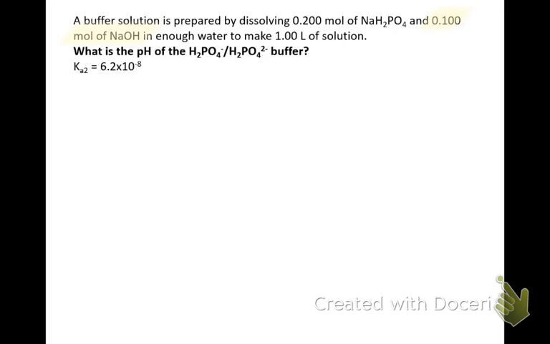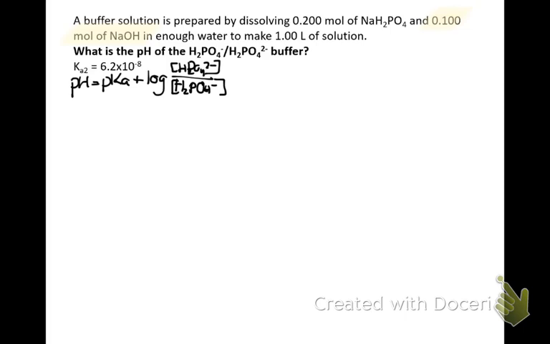Once again we're looking for the pH of the buffer, so we're going to need pH equals pKa plus the log of HPO4 2 minus divided by H2PO4 minus.